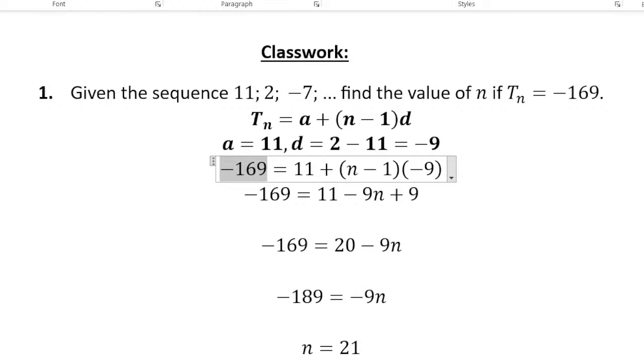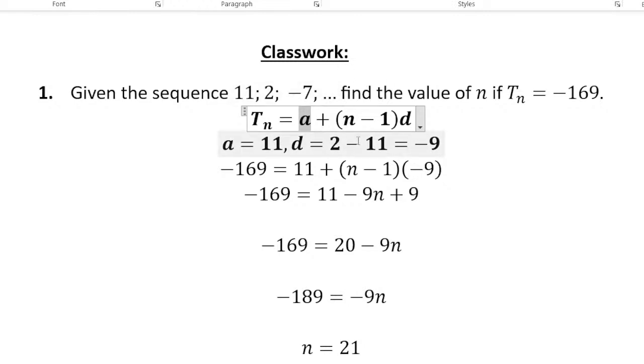Hello, I hope I'm being heard. So here we have Tn, the general form: Tn is equal to a plus (n minus 1) times d. The question says, given the sequence 11, 2, negative 7, find the value of n if Tn is equal to negative 169.